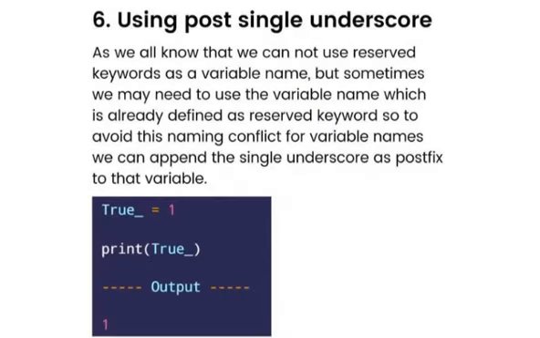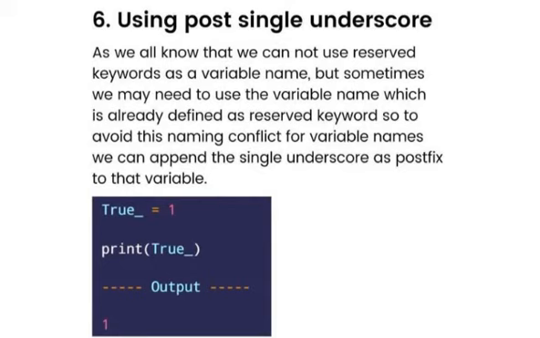So we used single pre-underscore and double pre-underscore, and we can even use the single post-underscore. We cannot use reserved words as variable names, but sometimes you need a variable name that is already defined as a reserved word. To avoid this naming conflict, we can append a single underscore as a postfix.